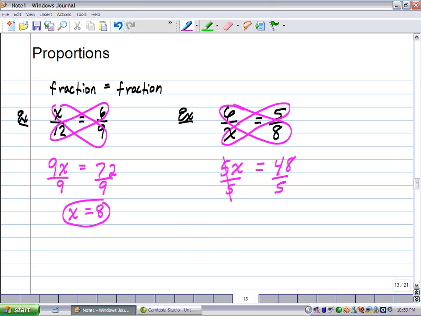Give me that 1x, that goes to x, 48 fifths. Or I can make that a mixed number. 5 goes into 45 9 times, the remainder of 3. Well, in this case I can actually make a decimal, 9.6.